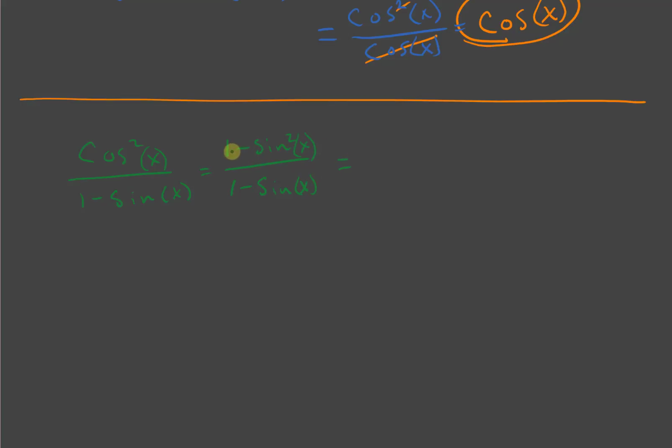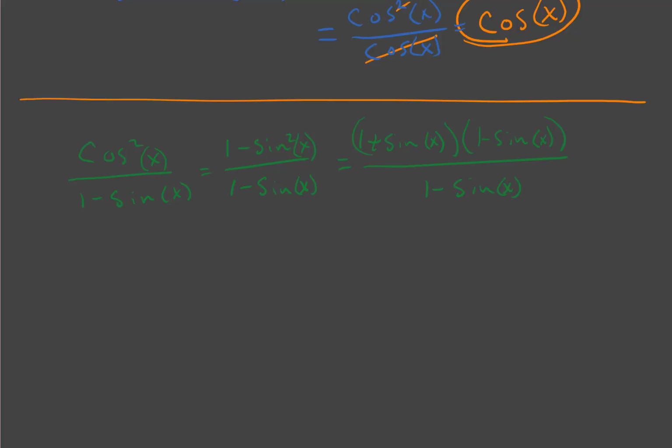So 1 minus sine squared x becomes 1 plus sine x times 1 minus sine of x, all over 1 minus sine of x.